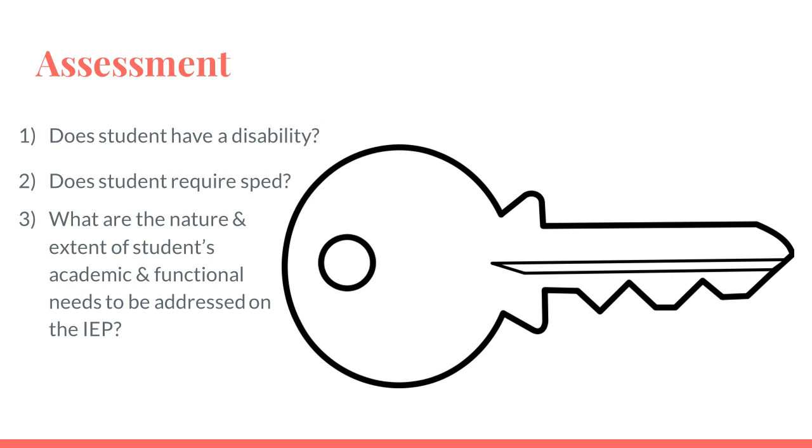Assessment and evaluation is the key to: one, does that student have a disability? Two, if they do, do they require special education? And three, what are the nature and extent of the student's academic and functional needs that need to be addressed in an individual plan, an IEP? We're going to visit this later as that three-prong test.